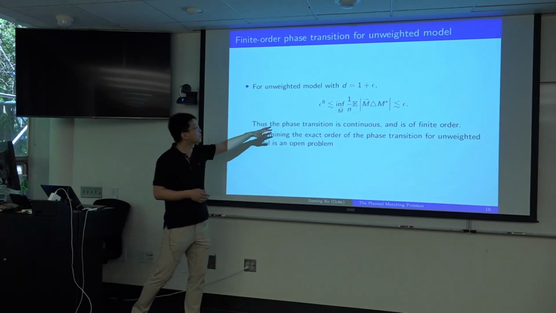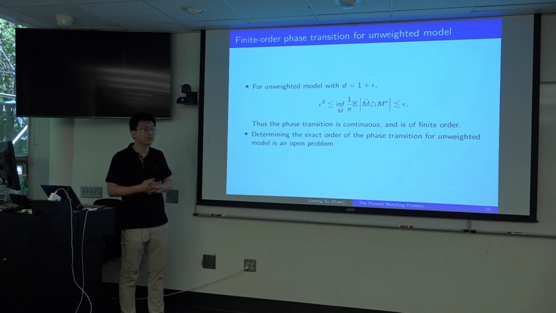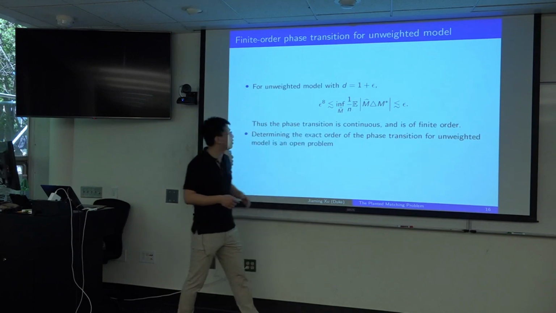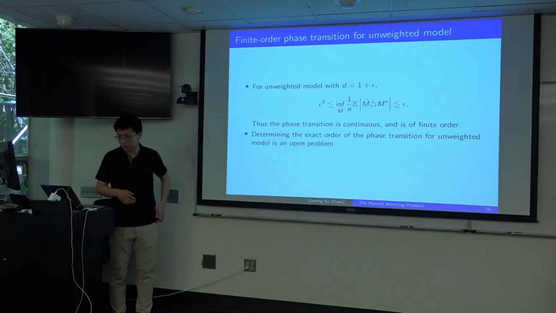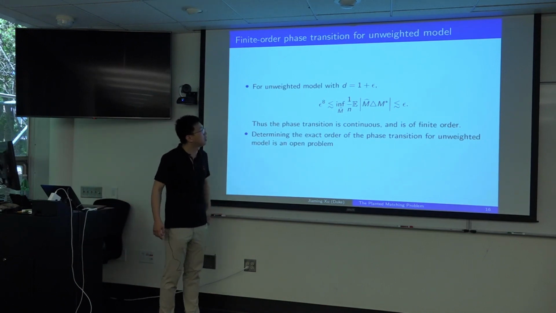It's between epsilon to the 8 and epsilon, so it's a finite order phase transition. It's a very interesting open problem to determine the exact order of this phase transition for the unweighted model. If you're interested, I'm happy to talk about this. We have some understanding, but we're not able to exactly determine the order.